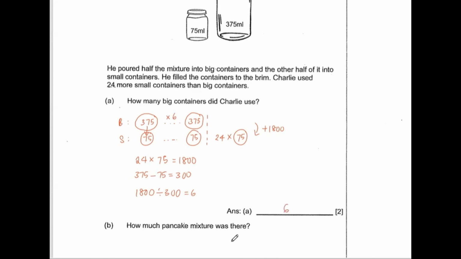How much pancake mixture was there? Now using the big one, you can just find the volume for the big one and then double it, because that's basically half of the total.